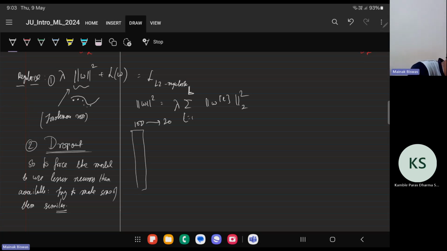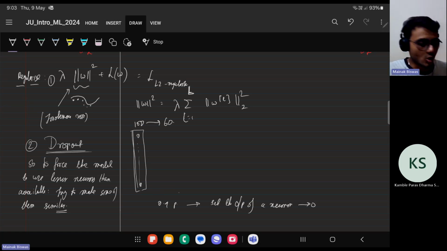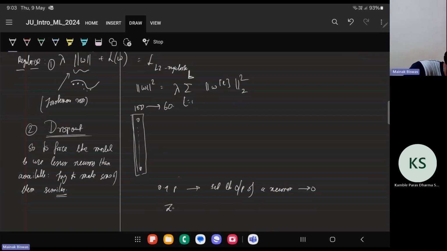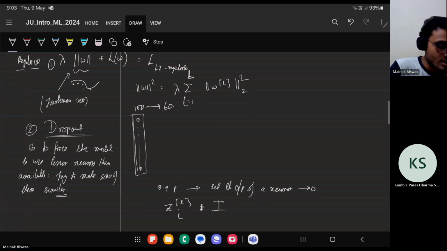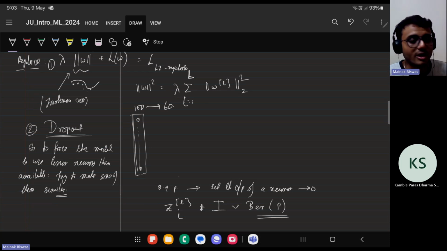So how can you do that? You can say, with 0.4 probability, if you want to make it look like 60 neurons, you set the output of a neuron to 0, right? So if the output of a neuron is ZL, you multiply it with an indicator random variable, where I is distributed as Bernoulli P. So if this is 1, then for 60% of the time, this will give you some output. 40% of the time, it will not give you output.